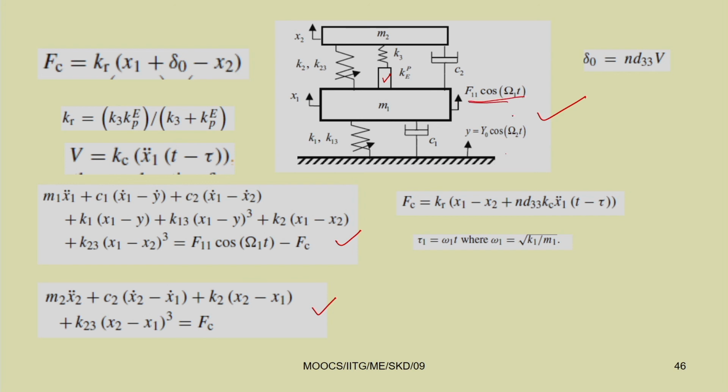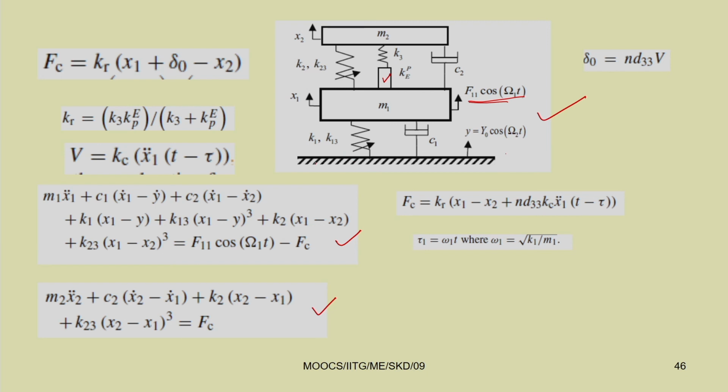Here you can see two-frequency excitation. The base is excited as y equal to y 0 cos omega 2 t, and the force is given as f 11 cos omega t. Two nonlinear springs are used.